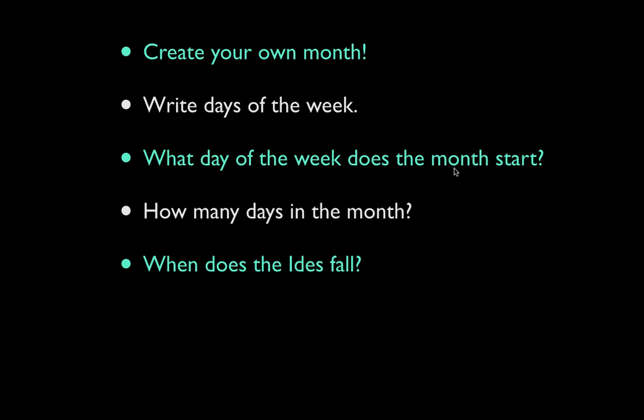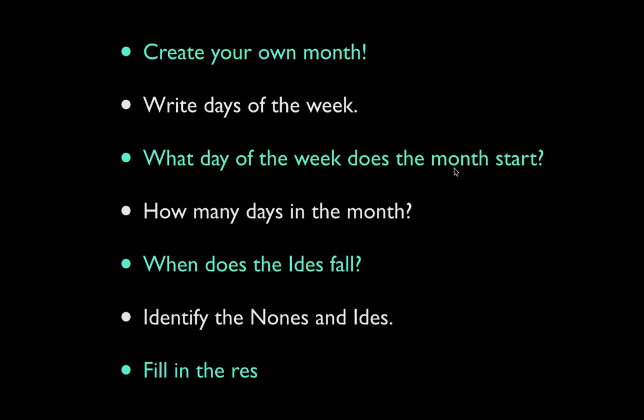You should find out when the Ides fall, so consult your rhyme. Then you need to identify the Nones and the Ides. So you can find out the Nones depending on when the Ides is. Then for each of those important dates, the Calends, the Nones, and the Ides, the day before it you write PR because it's Pridie. And then you can fill in the rest of your calendar.